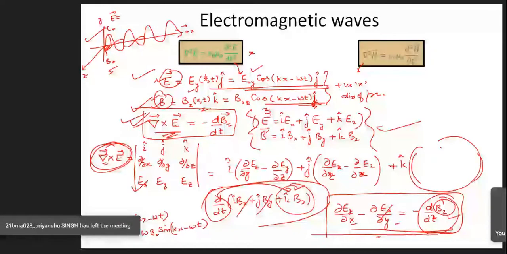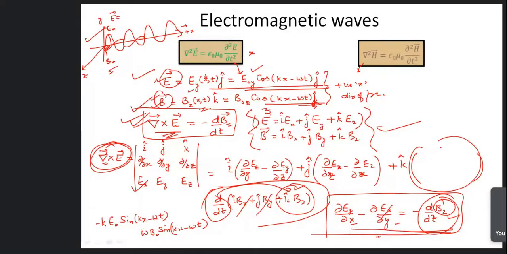So you can say that this is equal to this, and with one more negative sign, this negative sign makes it negative. Then sine gets cancelled with sine. So I have a relation between E naught and omega. So I can write that omega is equal to E naught divided by B naught.